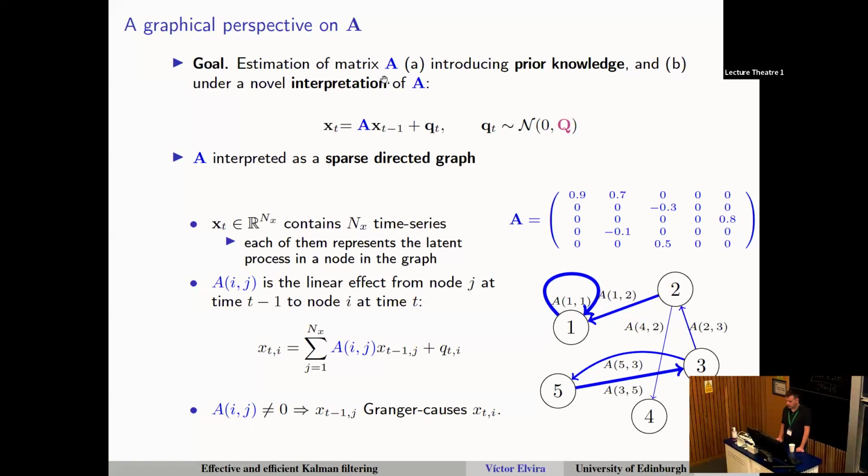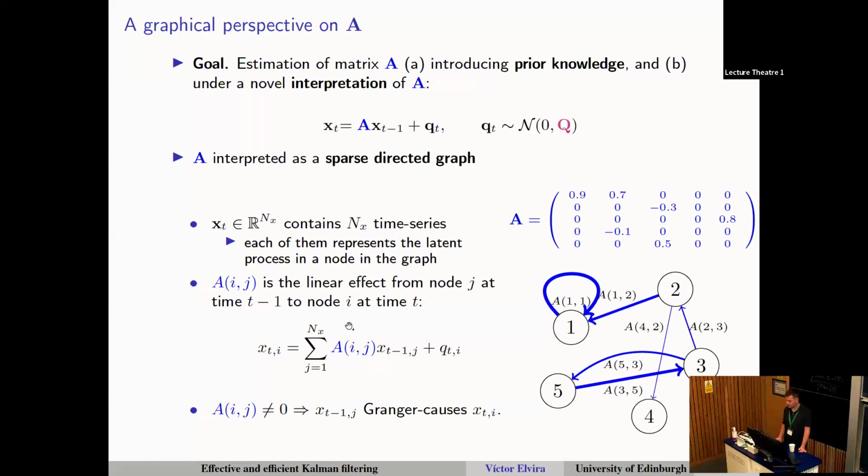When you see the update, focus on this equation, just this equation. This equation is the same one, but just for a given dimension i. If you see, this is a matrix multiplication. Very simple to see that row i depends on all the elements of the previous time step vector times all the coefficients that are in row i. Right?